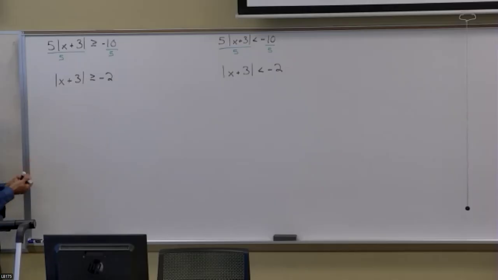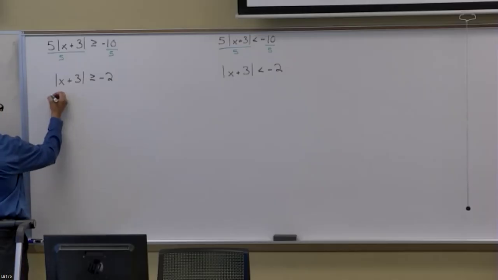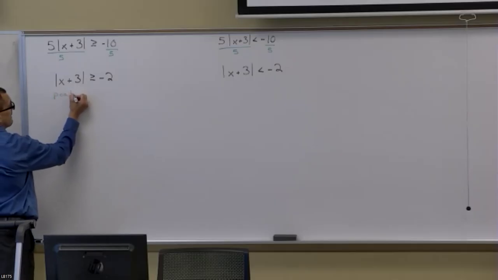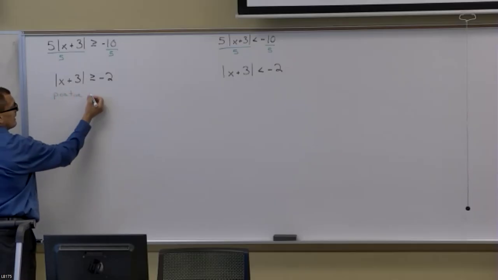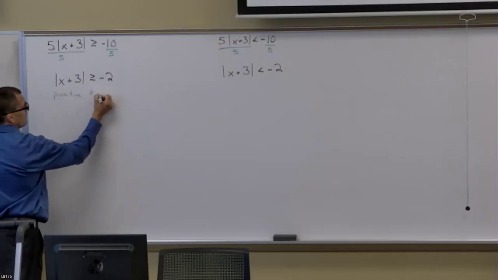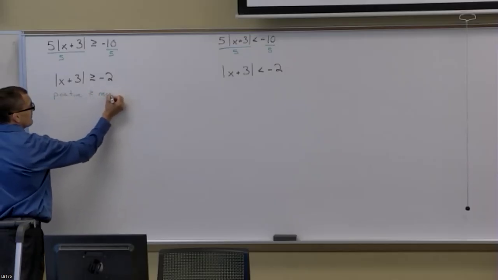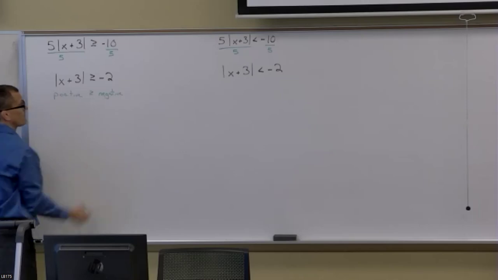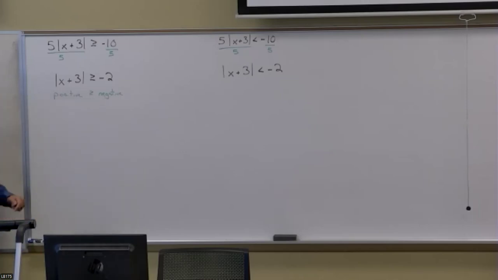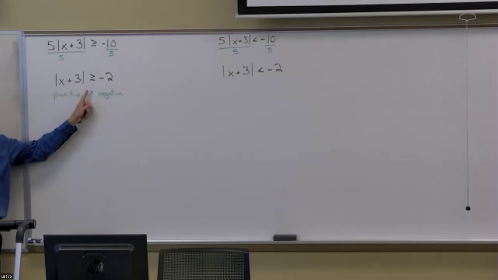Okay, I'm just going to write positive, it's not exactly that, but we have something that's positive no matter what we plug in for x, greater than or equal to negative. So what I'm explaining is that this is always going to be true no matter what x value you plug in.